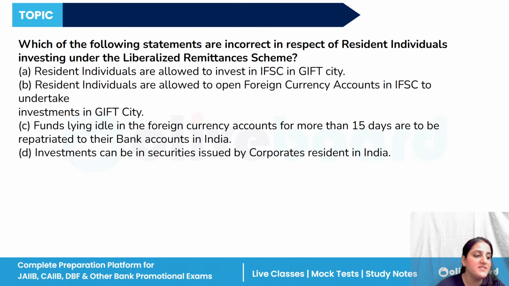Which of the following statements are incorrect in respect of resident individuals investing under the LRS? Investment can be in securities issued by the corporates resident in India.